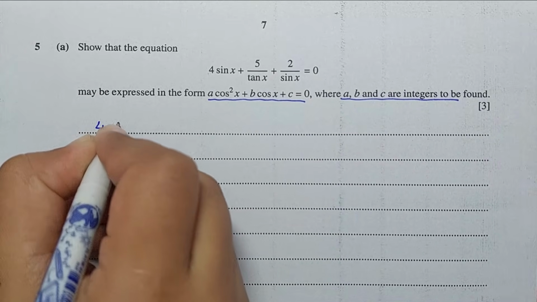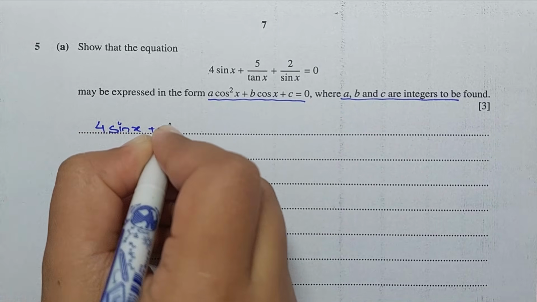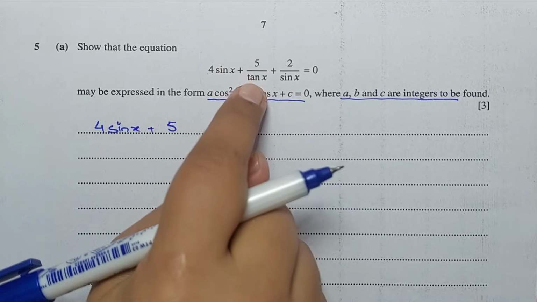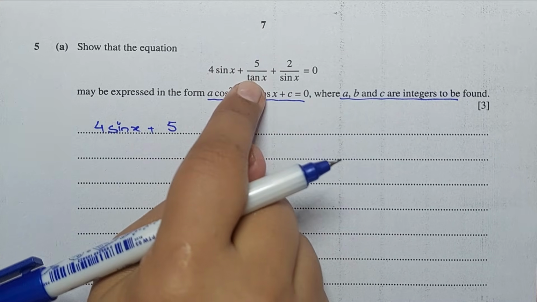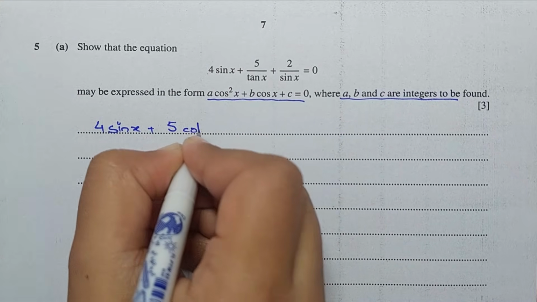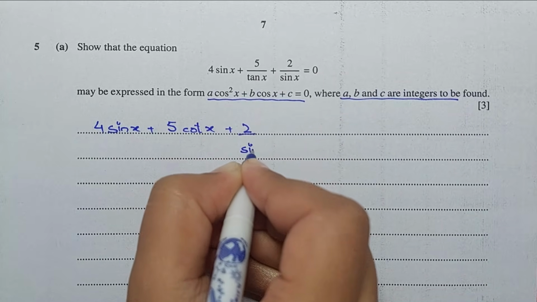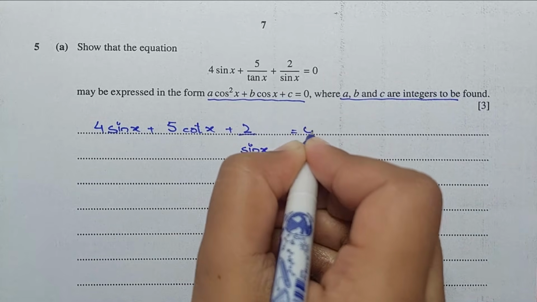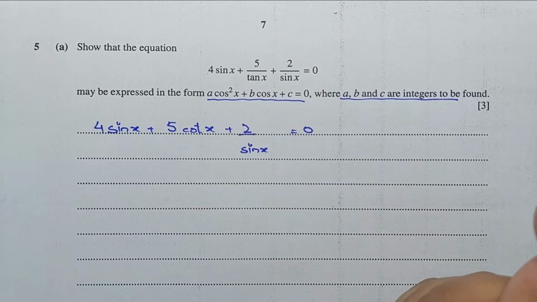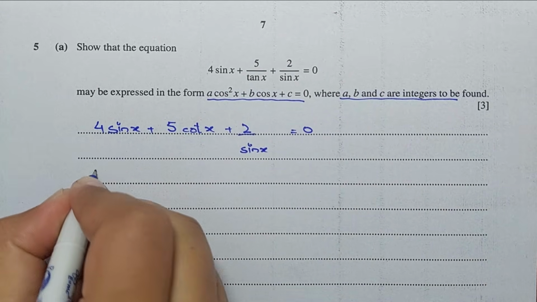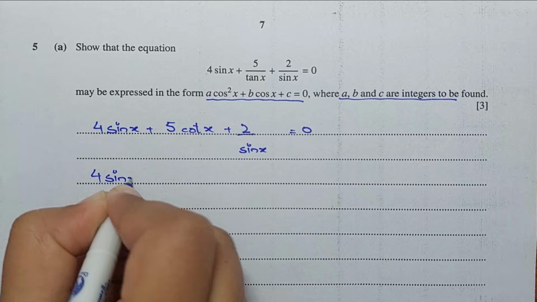So 4 sine x plus 5, 1 over tangent is cot x, plus 2 over sine x equals 0. Because 1 over tangent, the reciprocal of tangent, is cot, and we know that cot x is cos over sine.